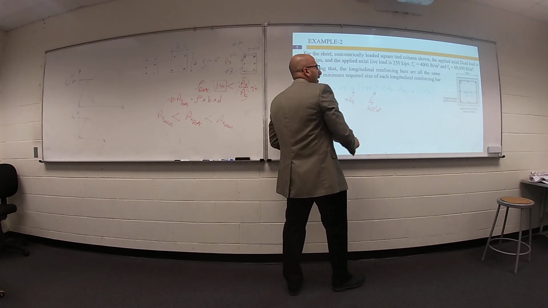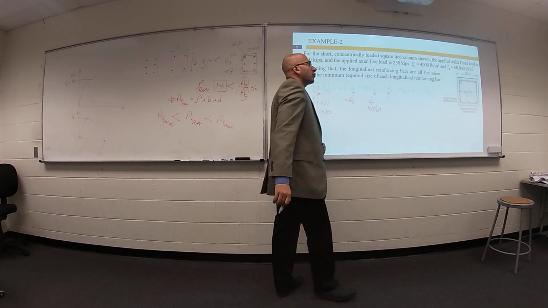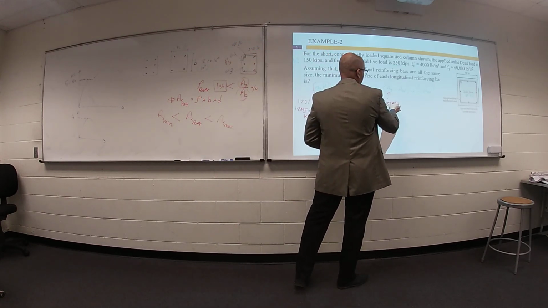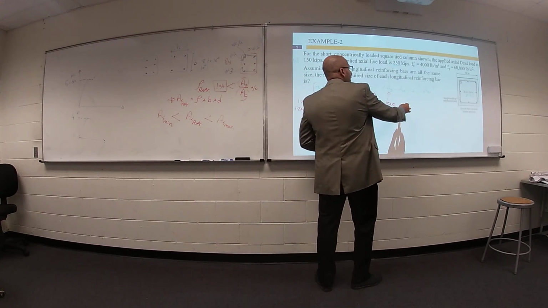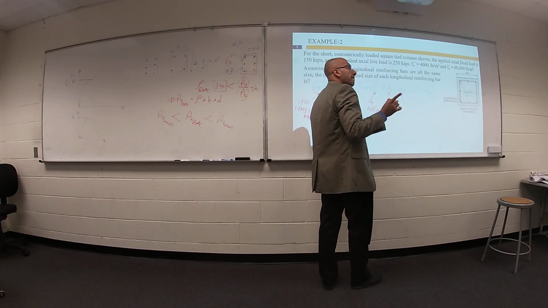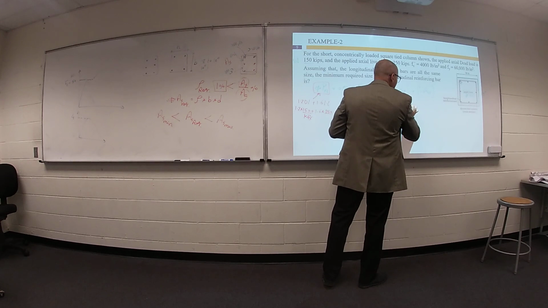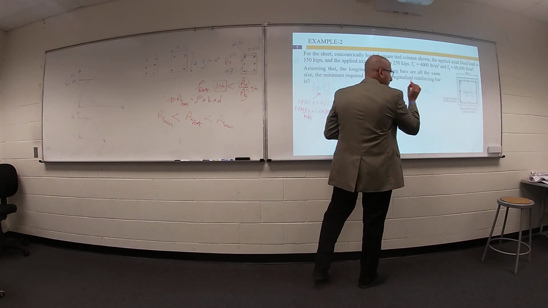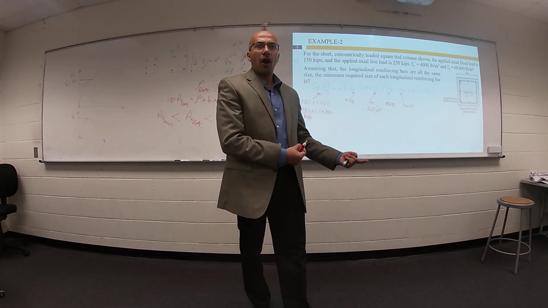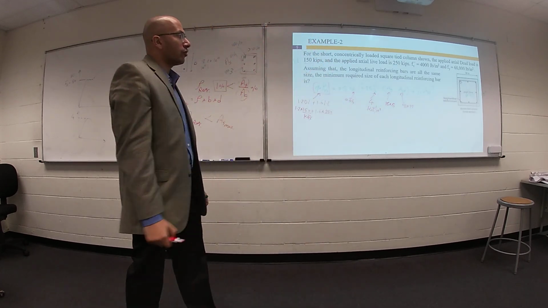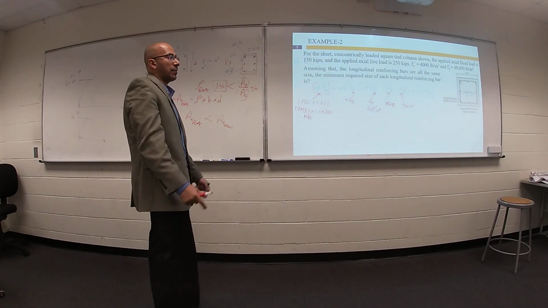Area gross. What is the area gross of your cross section? 18 times 18. What is the area steel? 8 times something. There are 8 bars, but the cross-section area for one bar, I don't know, because I don't know the size of the bar.